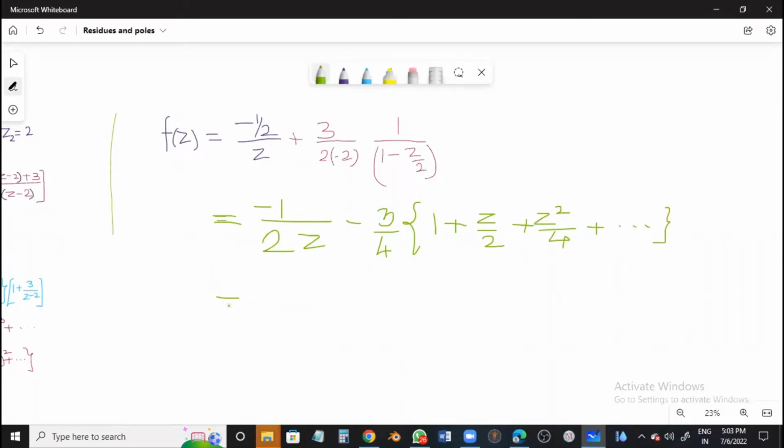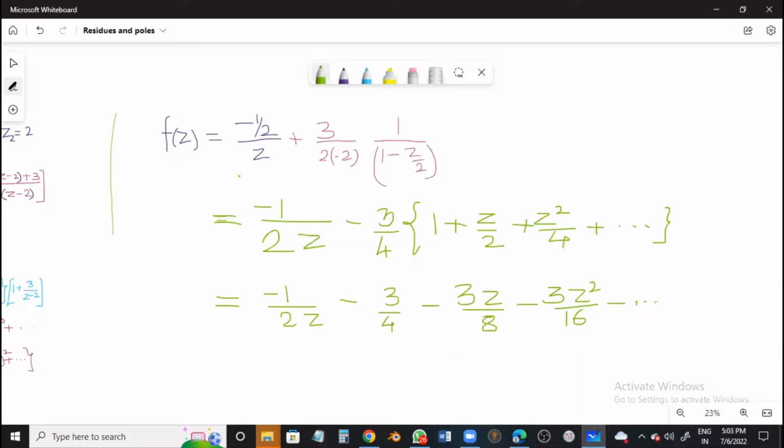Now this will be equal to minus 1 by 2z minus 3 by 4 minus 3z by 8 minus 3z square by 16 minus and so on.